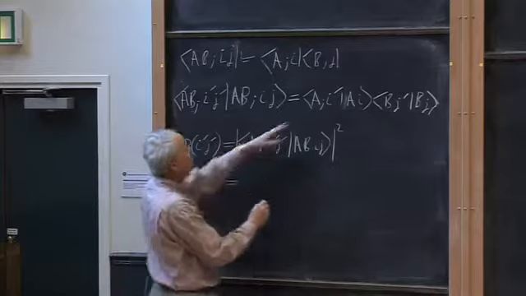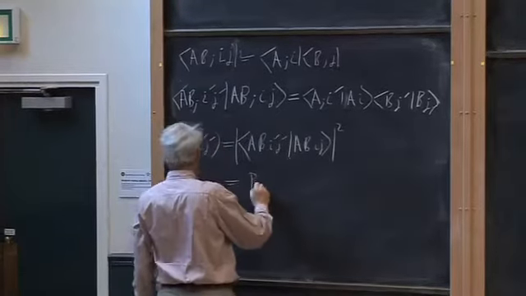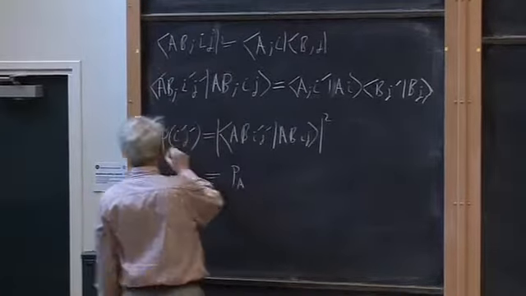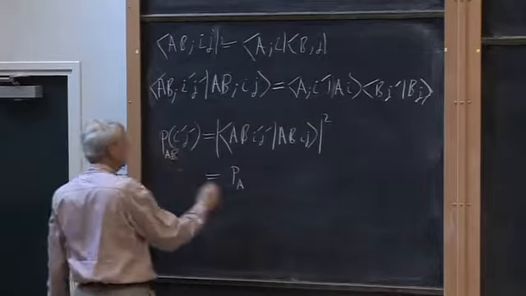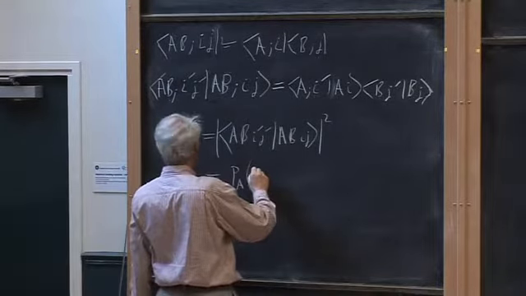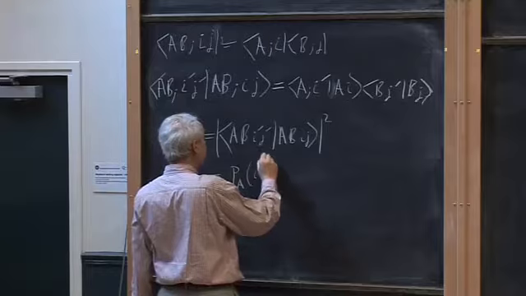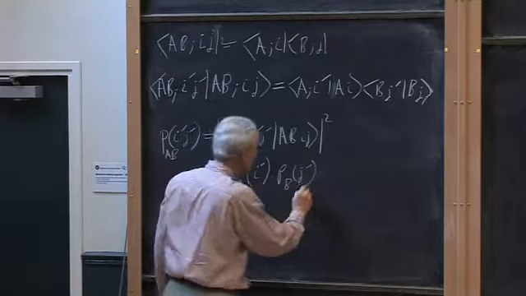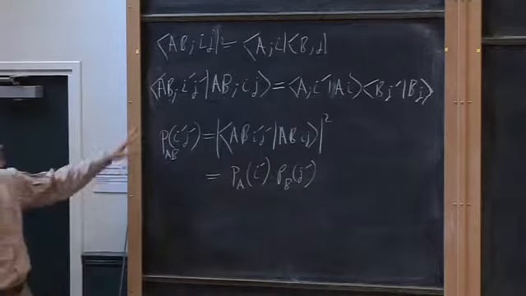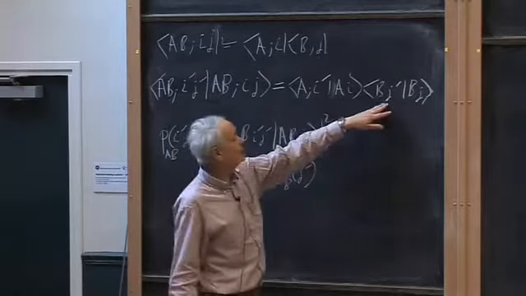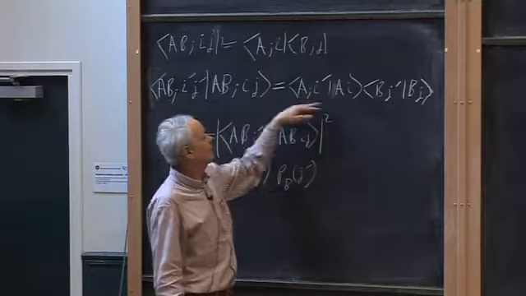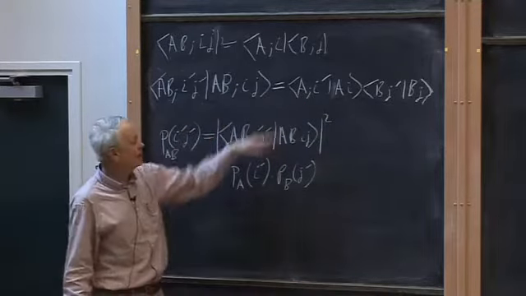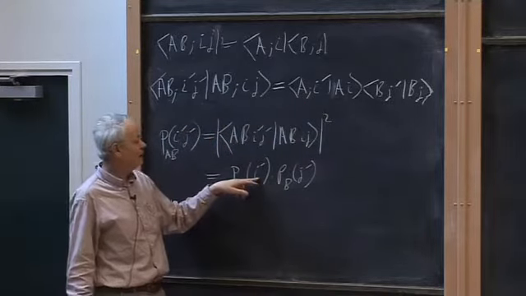And according to this formula, this is equal to the product of the probability for system A of getting the result I primed times the probability of getting the result J primed. Right? Because if I take the mod square of both sides, the mod square of this product is the product of the mod squares. The mod squares on this side, by definition, are these probabilities.